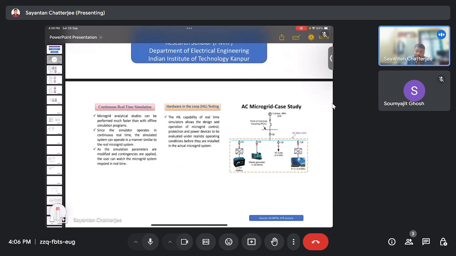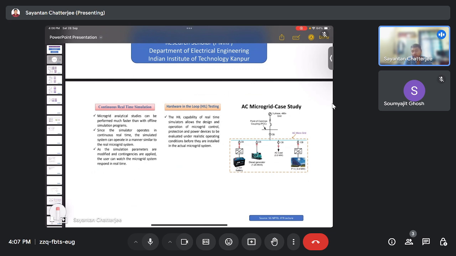So first of all, what's the need of continuous real-time simulation? As we all know, whenever we try to replicate any system, since power systems or distribution systems work physically, which would anticipate some challenges to the users, because if we directly go on testing field and try to implement any such cases on the ground, what we try to do is replicate those same systems in practical software that we have, and these softwares are quite effective in modeling.